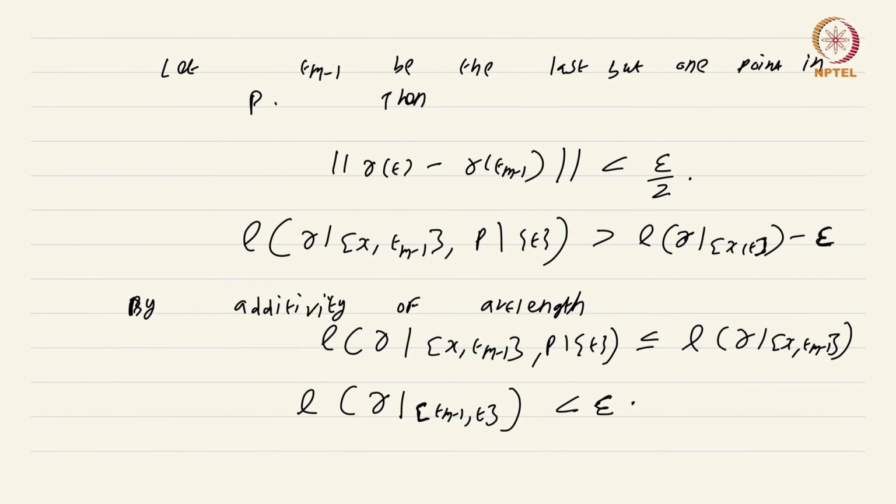So this just follows from writing length of gamma restricted to xt as the sum of length of gamma restricted to x t_{m-1} plus length of gamma restricted to t_{m-1} t, and this previous equation immediately gives us that length of gamma restricted to t_{m-1} t has to be less than epsilon.